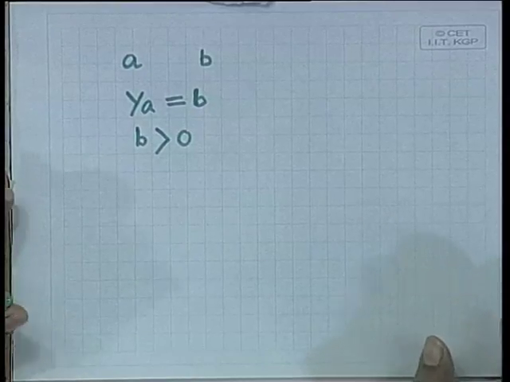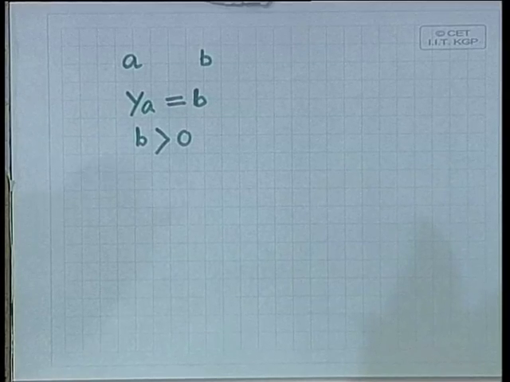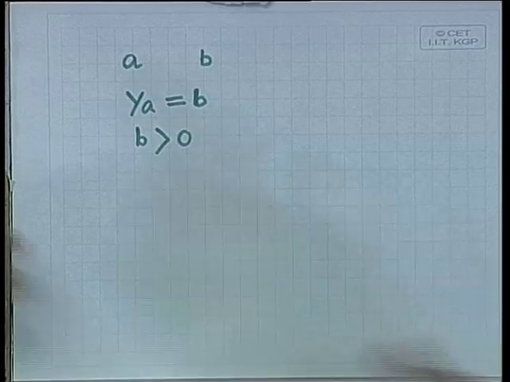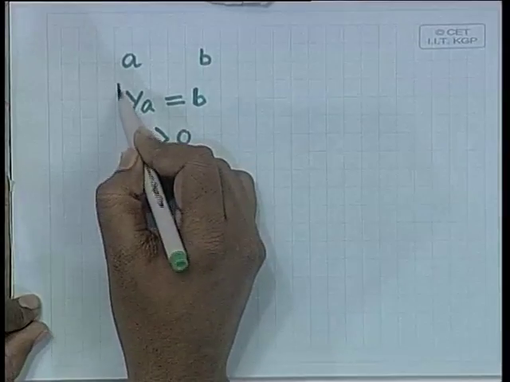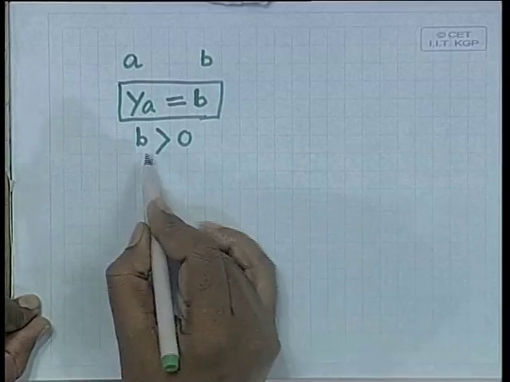We did not have any such constant when we talked about the minimum squared error criteria function. So, if the classes are linearly separable, it is possible to have a weight vector A and a margin vector B, where this equation Y A is equal to B will be satisfied, where B is greater than 0.